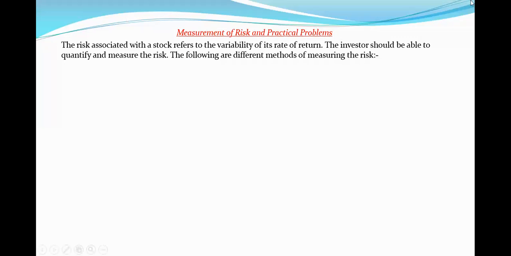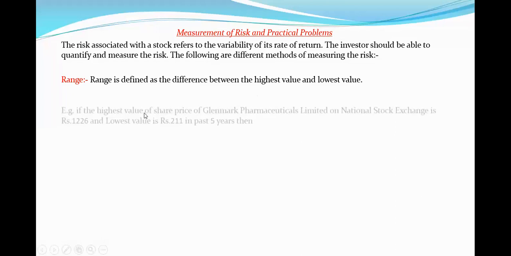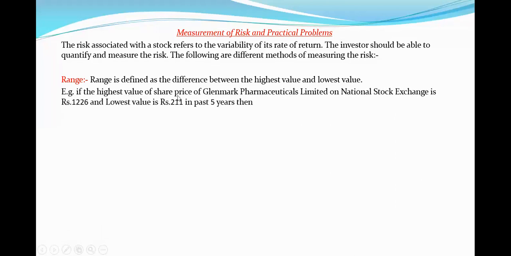So what are the different methods for measuring the risk? The range is defined as the difference between the highest value and the lowest value. If the highest value of the share price of Glenmark Pharma on NSE is 1226 and the lowest value is 211 in the past 5 years, then you can find out the range: highest value minus lowest value, 1226 minus 211.